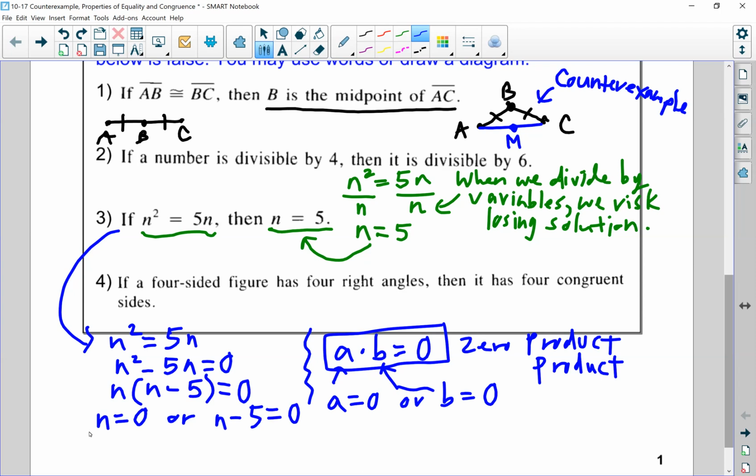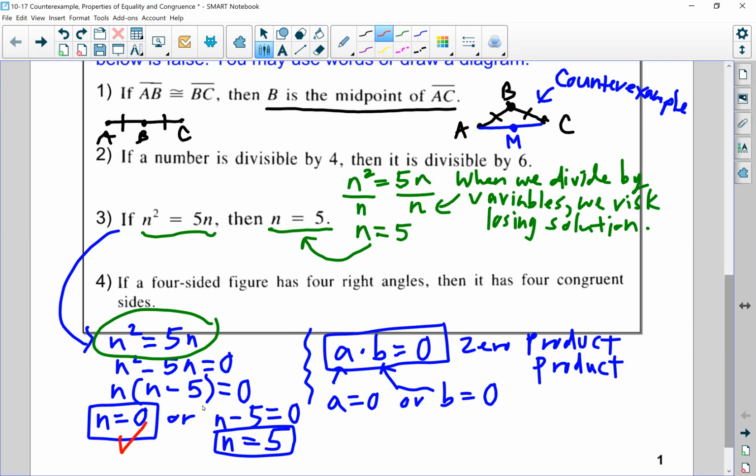If we solve for n in the first case, n could be equal to 0. If we solve for n in the second case and isolate n by itself, n would equal 5. So these two are the solutions for the original equation, n squared equals 5n. The one that we want is the one that contradicts the last part of the original sentence. And that one is n equals 0.